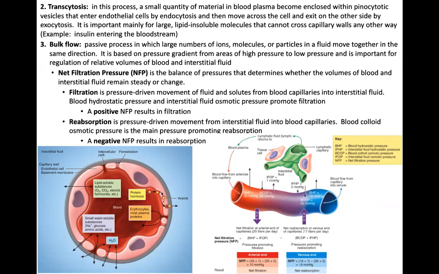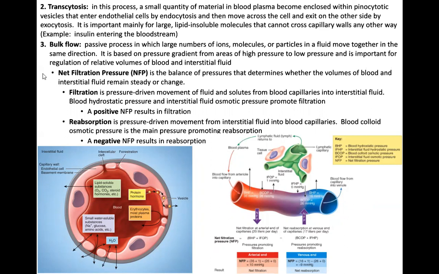Transcytosis is a process in which a small quantity of material in our blood plasma becomes enclosed within a pinocytic vesicle, what we're showing right here, where a substance is coming into the cell, and by way of endocytosis, we form a vesicle. And then we move that substance across the cell to the other side, where we then push it out through exocytosis. Okay.